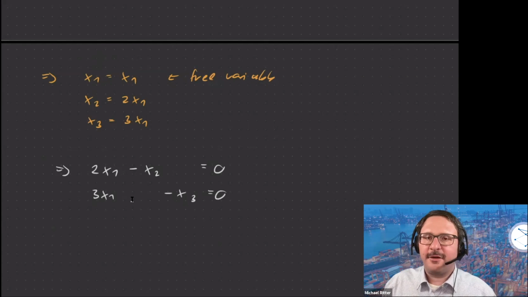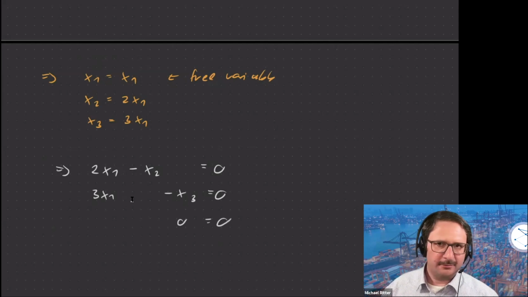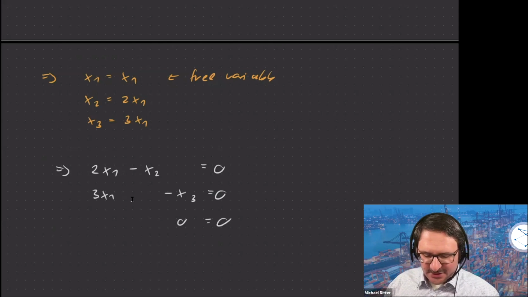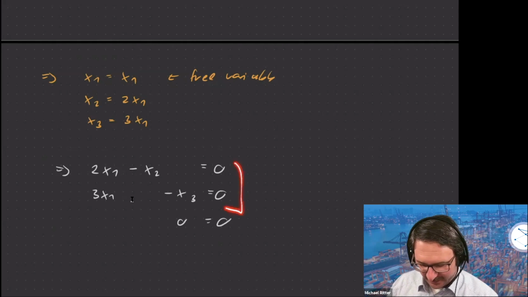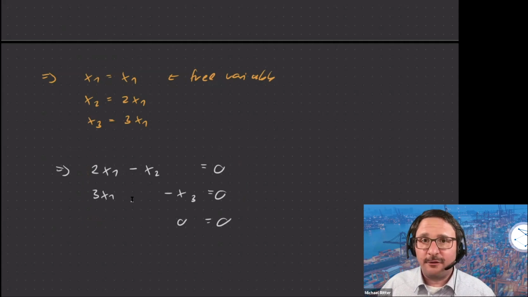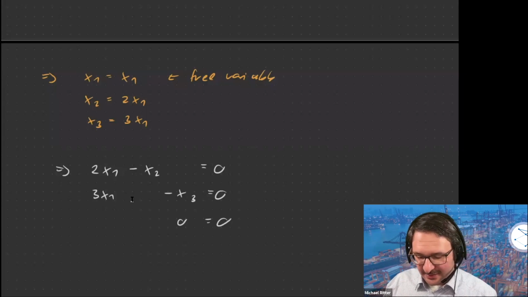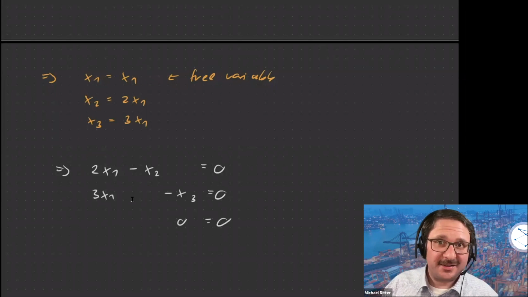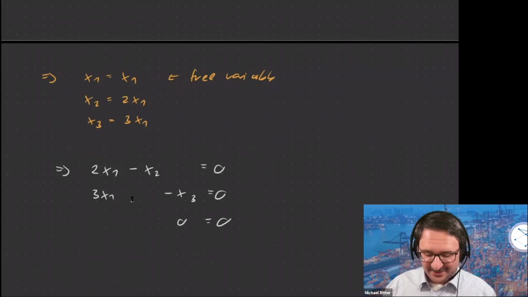And formally, if I really want 3 equations, because the problem statement says so, then I just add something like 0 equals 0, but that's not necessary. If you determine the solution space of these two equations, you will get exactly that system, and that system has exactly the solution space that we started with.